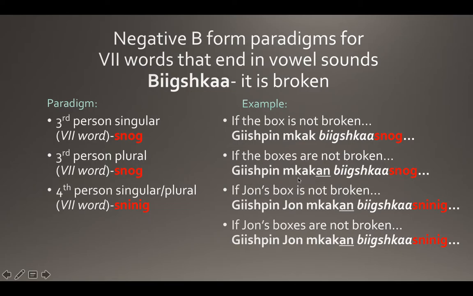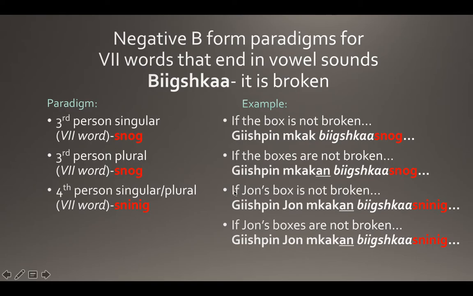Mkuk is box, but mkukun is boxes. We have our verb bikshka, it is broken, and then we have our negative B form suffix snug. So altogether, that's gishbin mkukun bikshka snug.